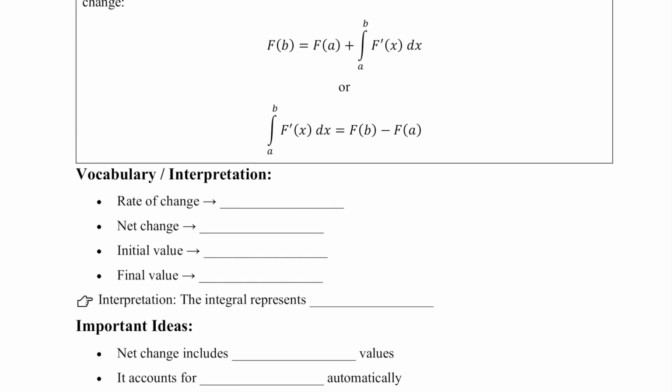Let's connect this to some key terms. Rate of change is the derivative, like velocity or growth rate. Net change is the total change over the interval.